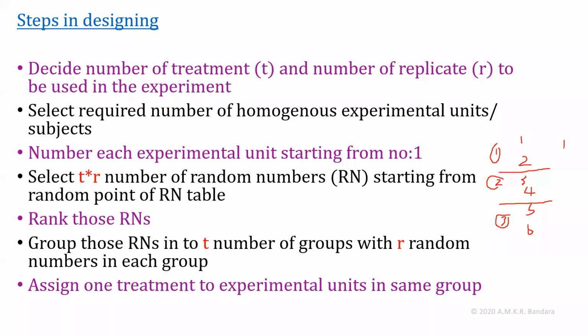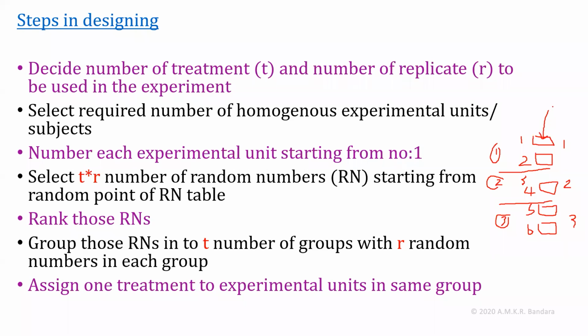First treatment, second treatment, and third treatment go to random numbers which receive a particular rank. Here I didn't draw random numbers, so I don't know what ranks they received. Accordingly, you apply your treatments to plots which received the rank of this random number.